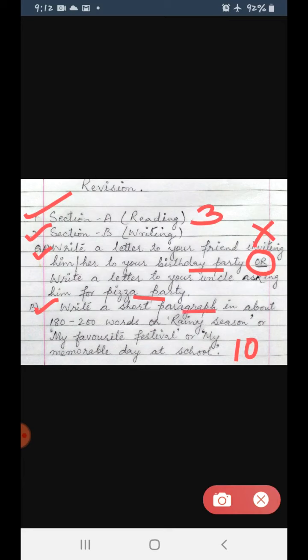So here, in this point number 1, letter writing will be of 10 marks, and short paragraph writing also will be of 10 marks. So let us see what it can be.